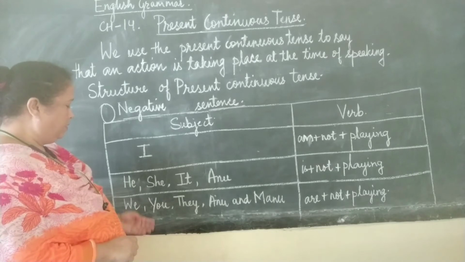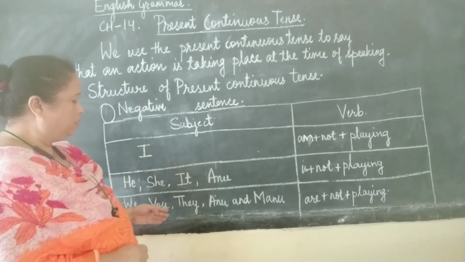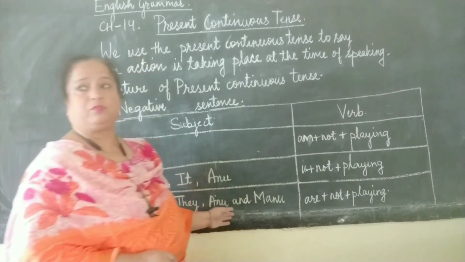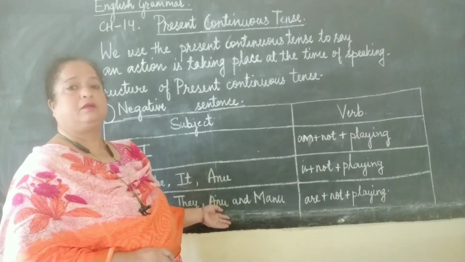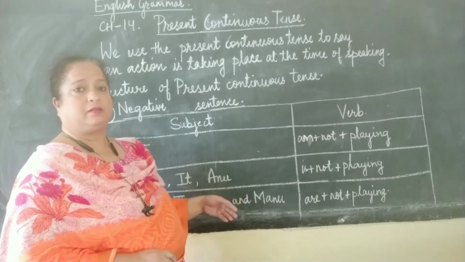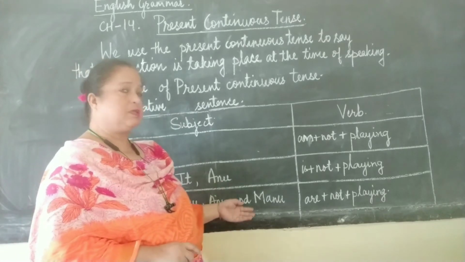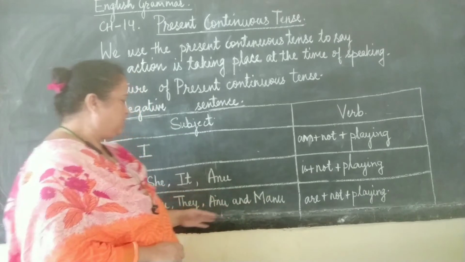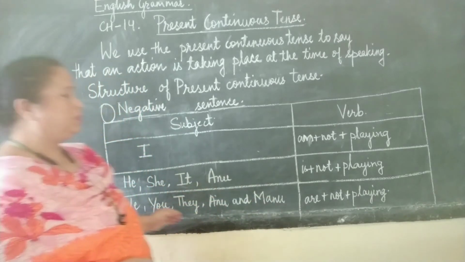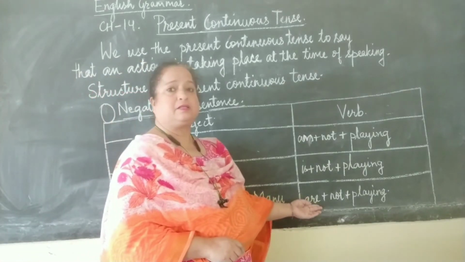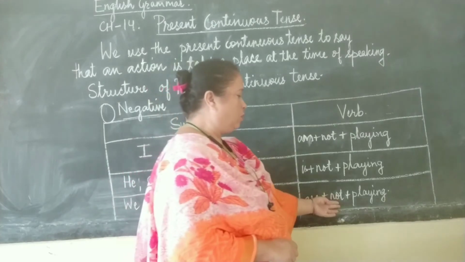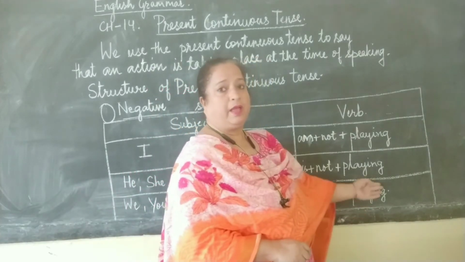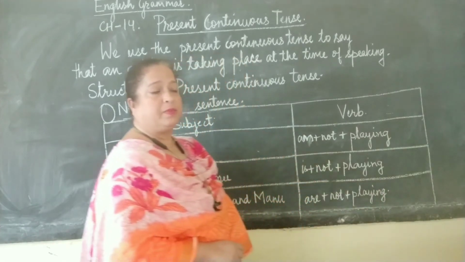Next we have subjects like we, you, they, Anu and Manu. In this we can have plural words also, children, the men, the women, the dogs, the boys, the girls. If we have these as the subjects, we add are as the helping word, we add not to make it a negative sentence, we write the main verb and we add ing to it.